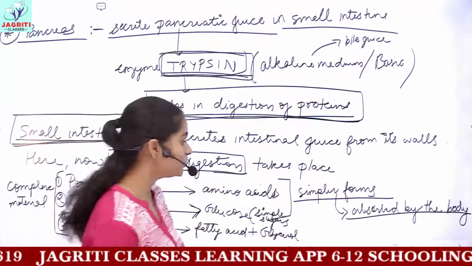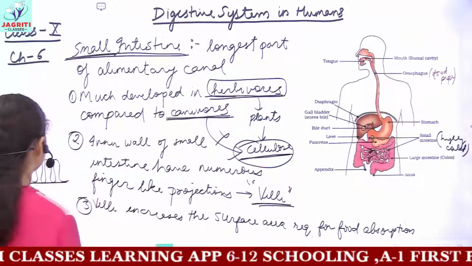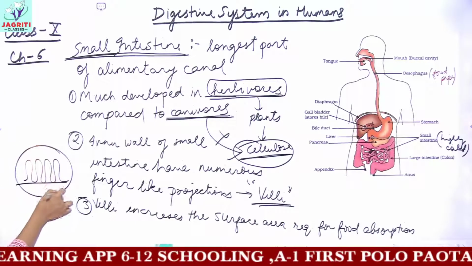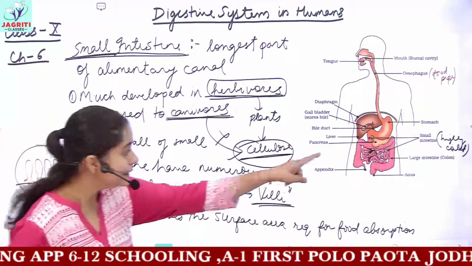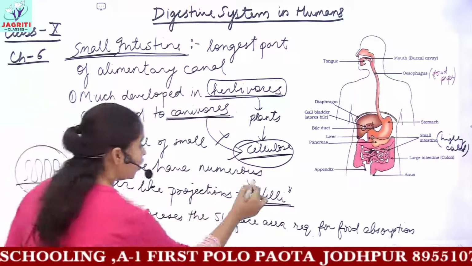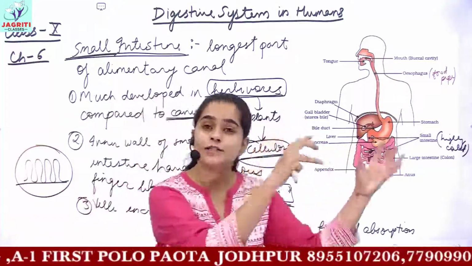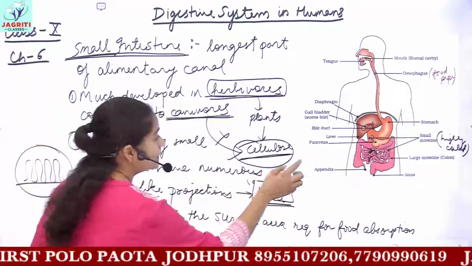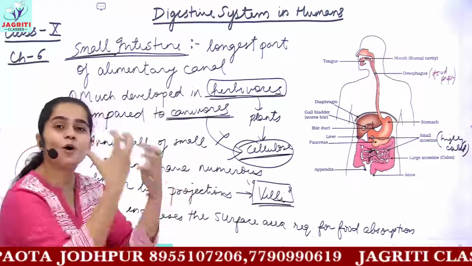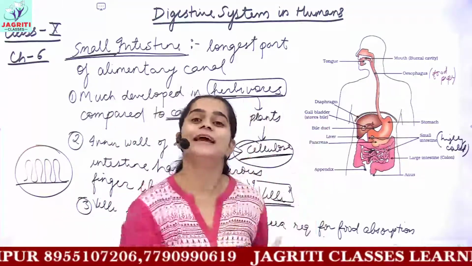And for absorption, as we have discussed previously, you have finger-like projections, and these finger-like projections present on the internal wall or inner wall of small intestine are called villi. So once your complex molecules are converted to simpler forms, what happens? The walls of small intestine having these villi absorb all the simple molecules, and then they help in the formation of energy.